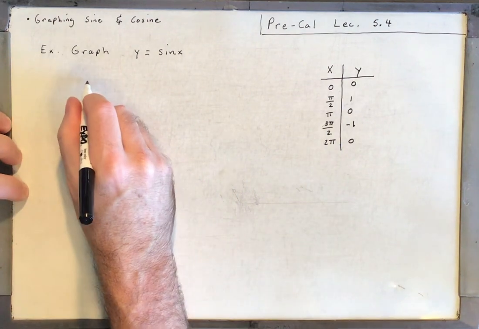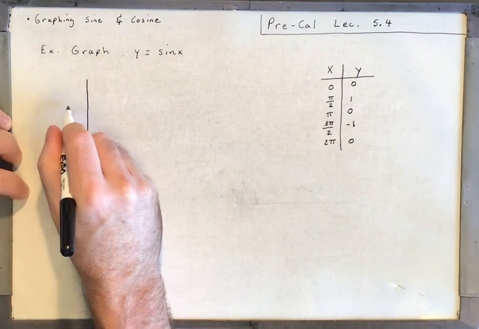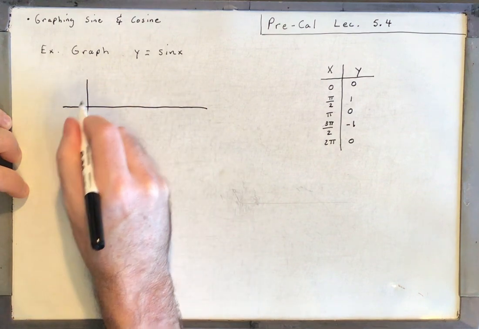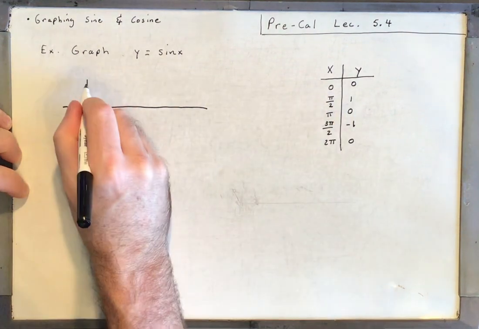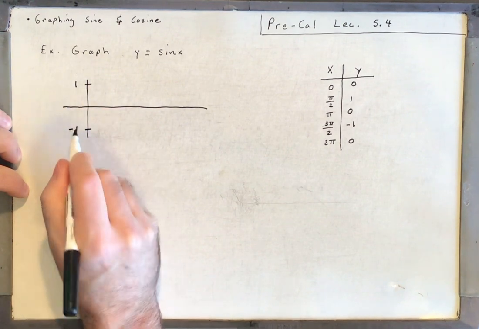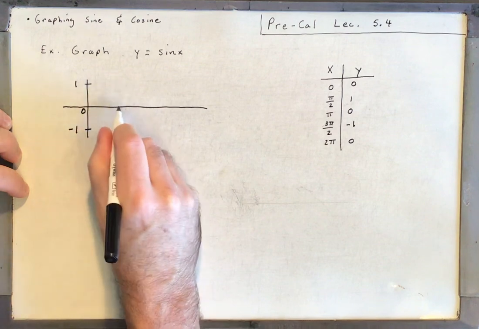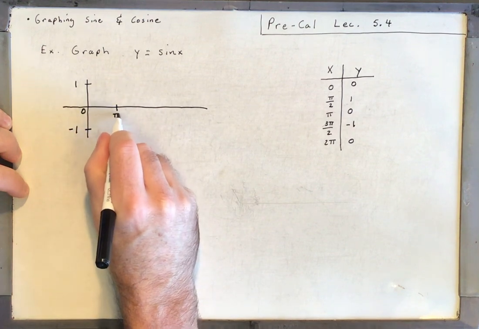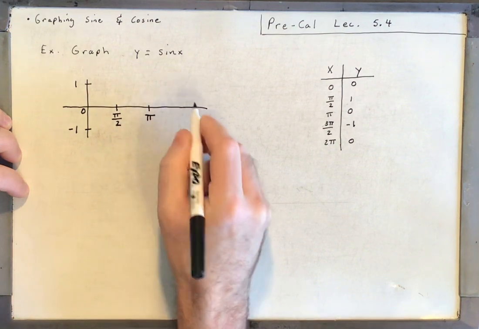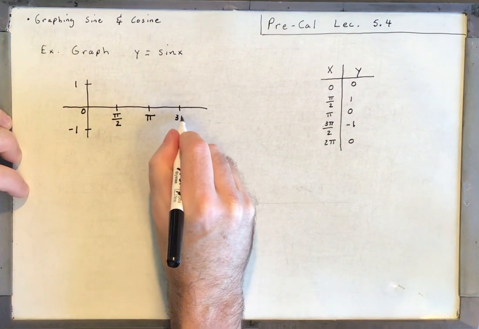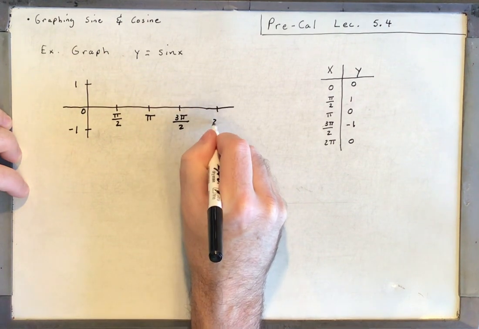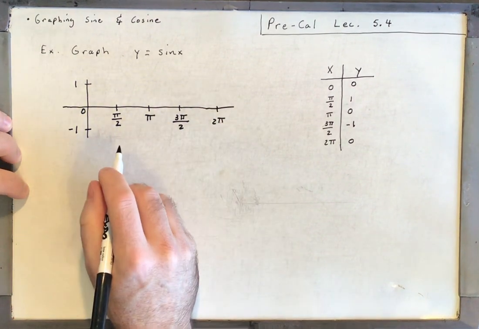So to graph this, we'll mark our x values. Now, the maximum we get up to is 1. The minimum is -1. And we'll mark pi over 2, pi, 3 pi over 2, and 2 pi. So just going to plot the points.